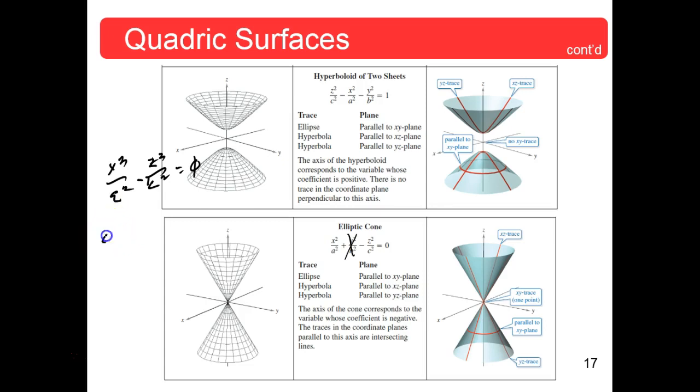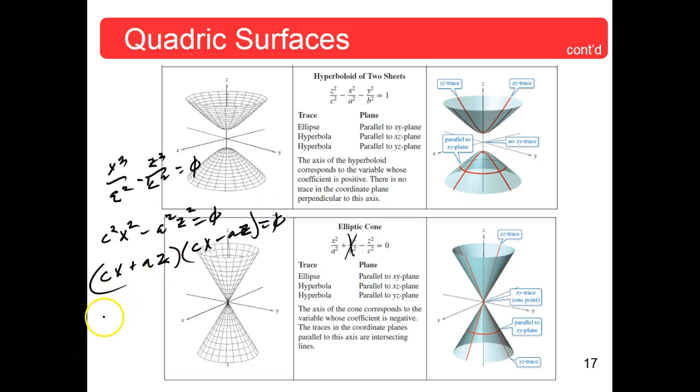And this gives you c squared x squared minus a squared z squared is equal to 0. Factor that, you get (cx plus az) times (cx minus az) is equal to 0.